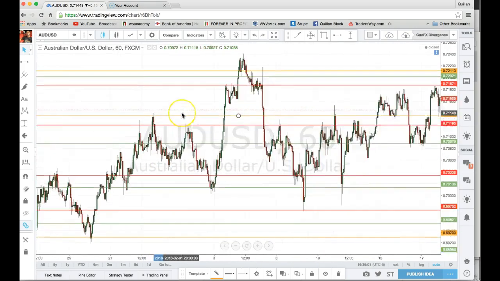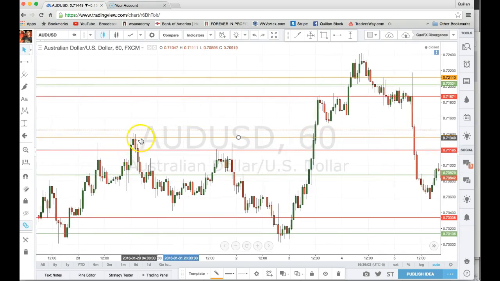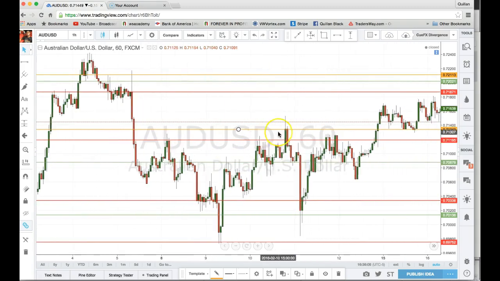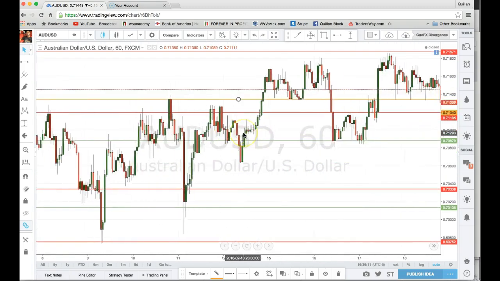Perfect. So I kind of zoomed in a bit. Try to make it touch all three candles right here, all three wicks, matter of fact. As I scroll over, I'll see that everything was respected perfectly.